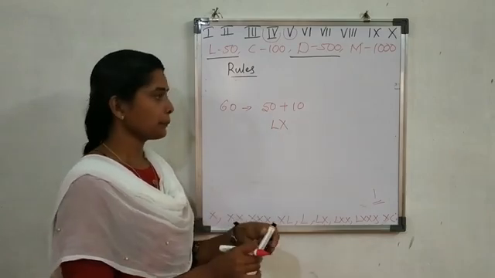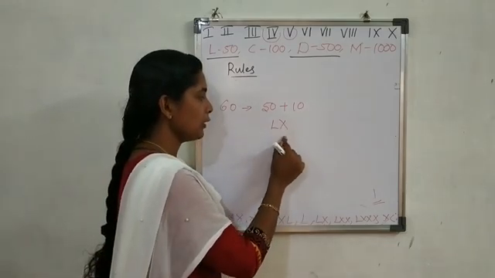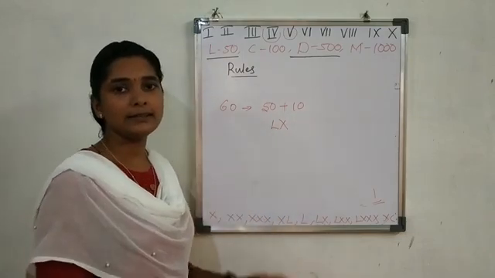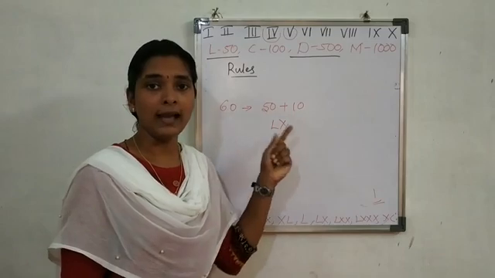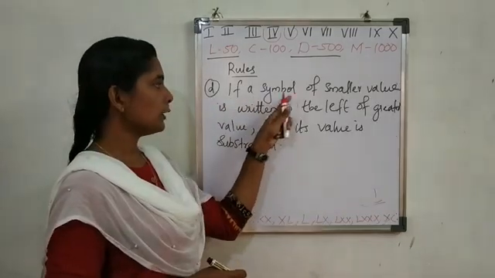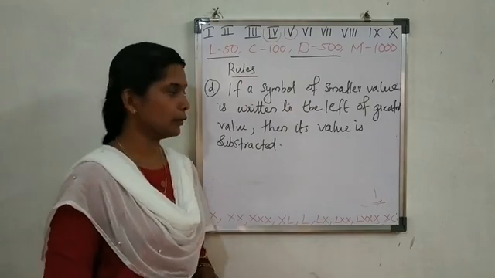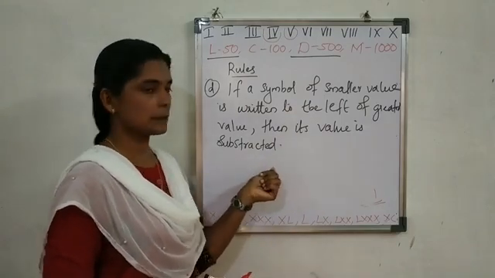Okay, clear. If we are writing the smaller value to the right side of the greater one, then its value is getting added. If the symbol of smaller value is written to the left of the greater value, then its value is subtracted.